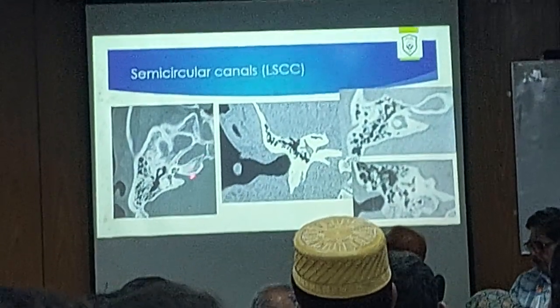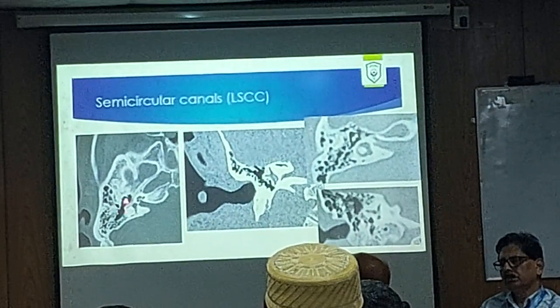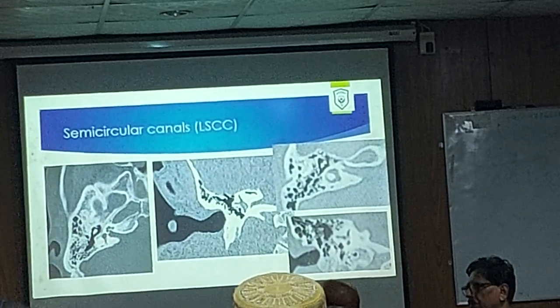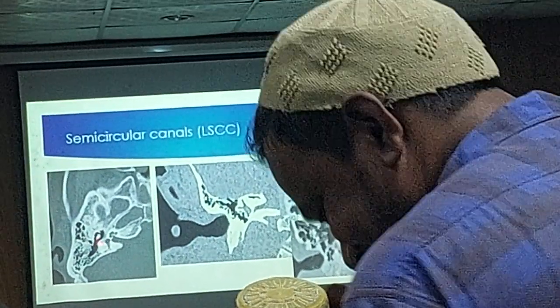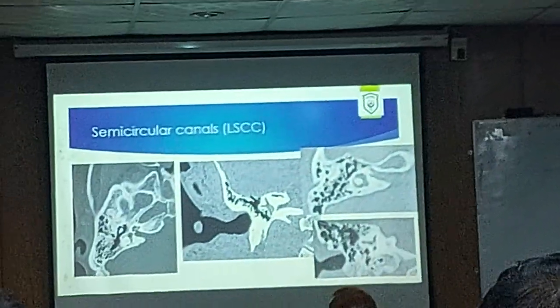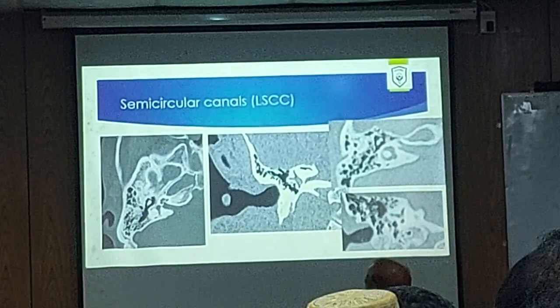If any erosion is found, if this hypodense area is missing, you can say there is erosion in the lateral semicircular canal.